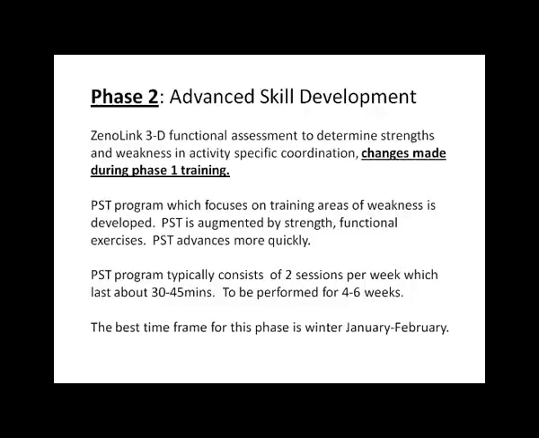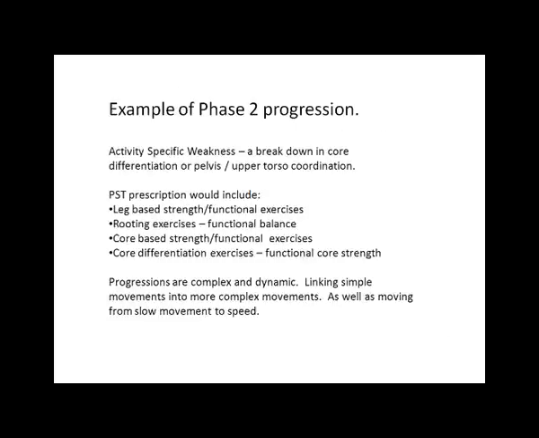The nervous system and neural adaptations are more effective in taking hold if there's some recovery. So 2 sessions per week. The sessions are a little bit longer, definitely more intense. And again, we're looking at roughly 4 to 6 weeks. Remember, this is our ideal, and as I've indicated, this phase would take place in the dead of the winter, the January, February time frame. So, an example of phase 2 progression.